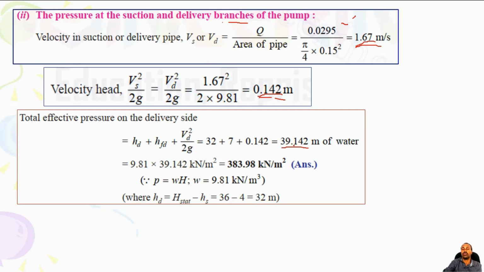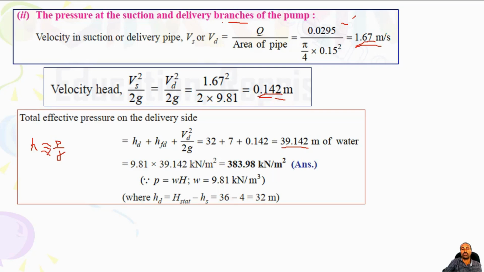Then you can compute this, which is the pressure head. The pressure head H equals P over rho g, or gamma, you can say.